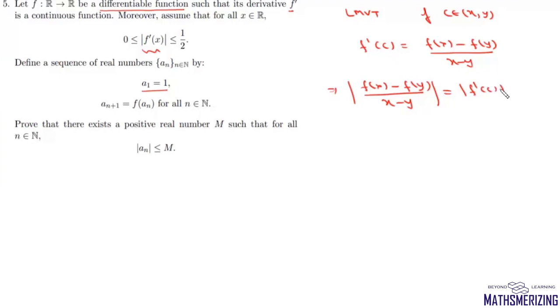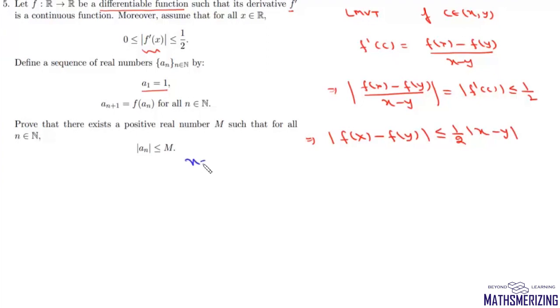Now in the question it says any derivative, its modulus will always be less than or equal to 1 by 2. So this is always less than or equal to 1 by 2. So from here we'll get this condition, which is mod of f(x) minus f(y) is less than or equal to 1 by 2 into mod of x minus y.